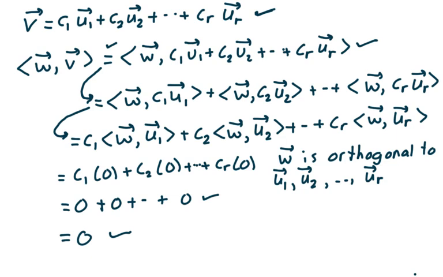Now, I told you how we got to the fourth line. It's because W is orthogonal to u1, W is orthogonal to u2. That's given, right? But what's making me go from the first line to the second line and then the second line to the third line? That would be a good exercise to figure out why. So I will leave that for the viewer of the video.